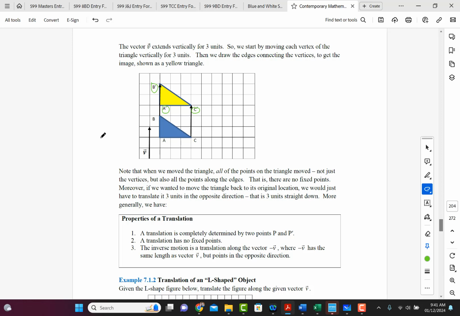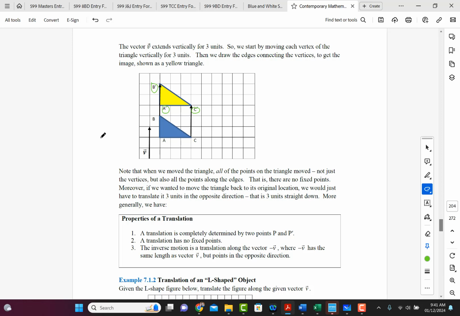Note that when we moved the triangle, all of the points on the triangle moved, not just the vertices, but also all the points along the edges. That is, there are no fixed points. Moreover, if we wanted to move the triangle back to the original location, we would just have to translate it 3 units in the opposite direction, and that is, we're going to go 3 units straight down.